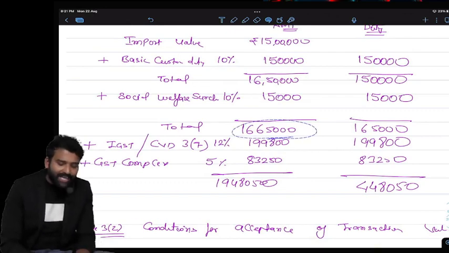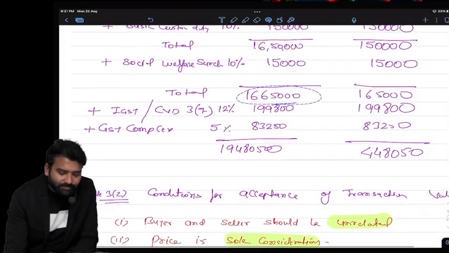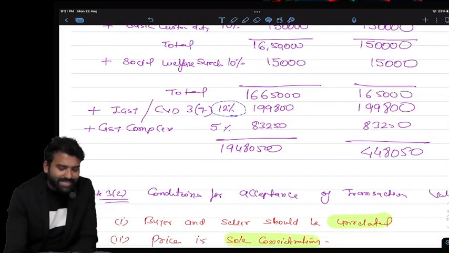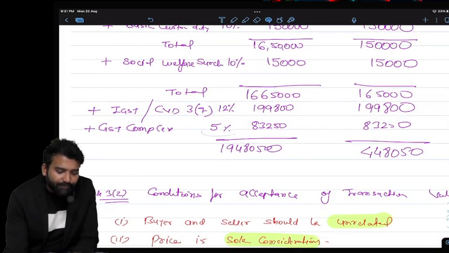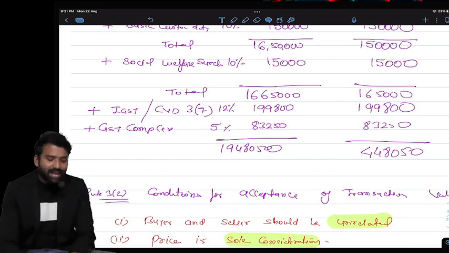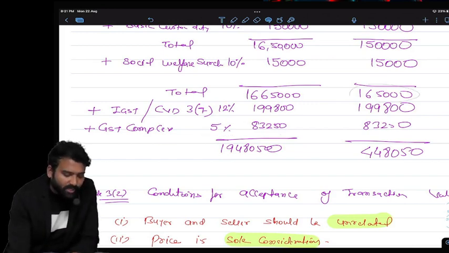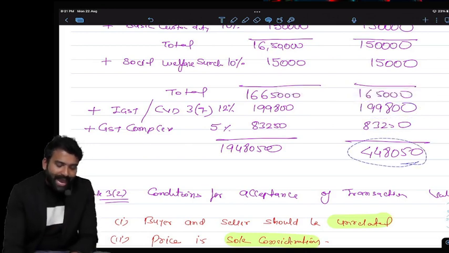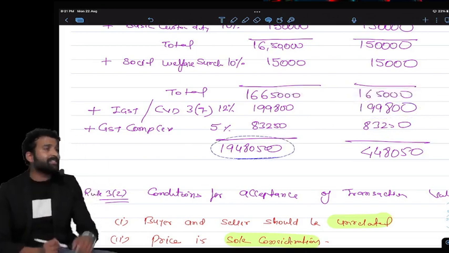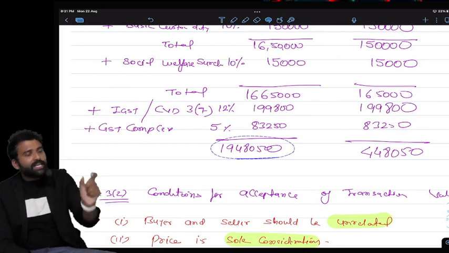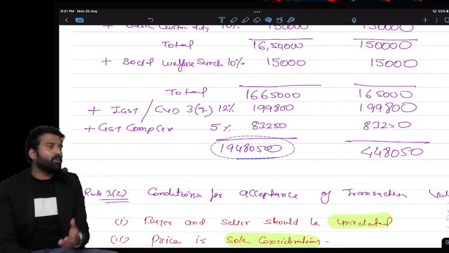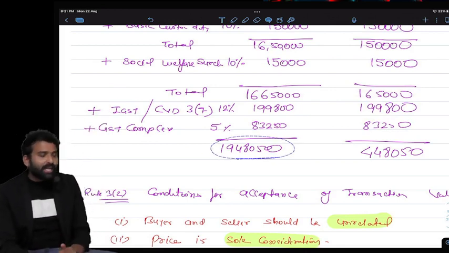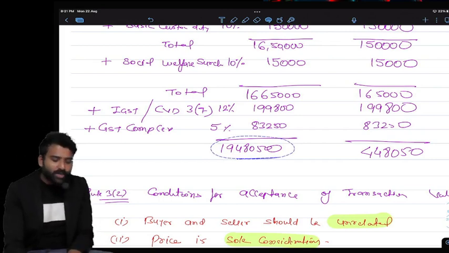On this value, I will be adding 12% IGST and 5% compensation cess, and these are the total of my custom duties, and 19,48,050 is the total import value including custom duty. It is called the landed value of goods.